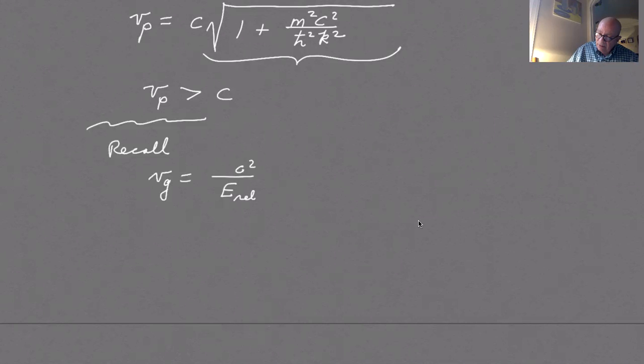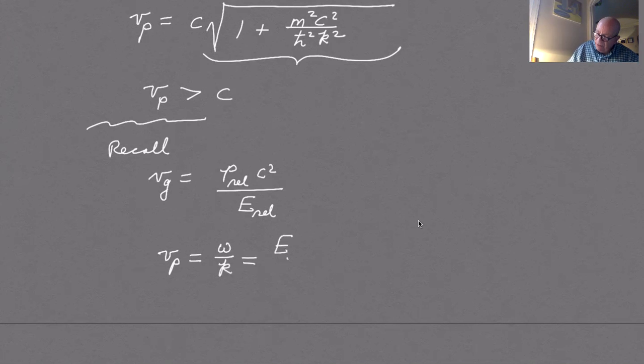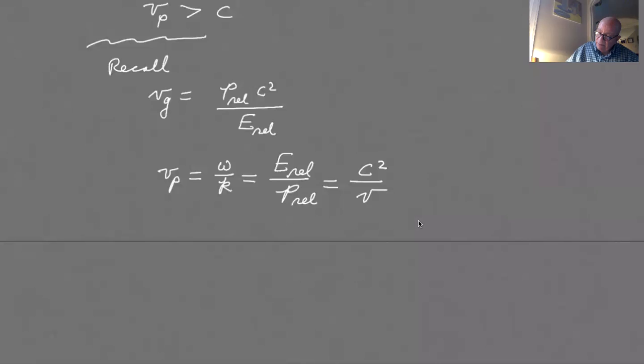So let me rewrite this to drive those points home: v group is p relativistic c squared over E relativistic. And remembering that v phase was equal to omega over k, which was equal to E relativistic over p relativistic, which is equal to c squared over v from the previous result.